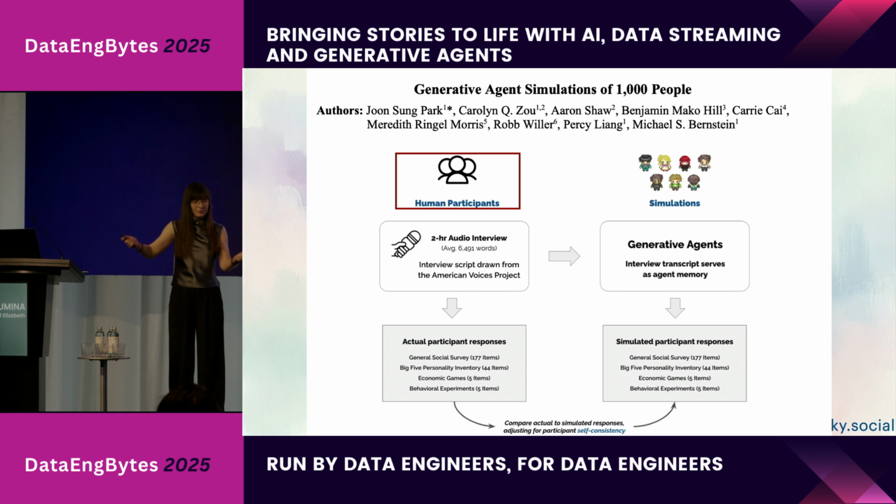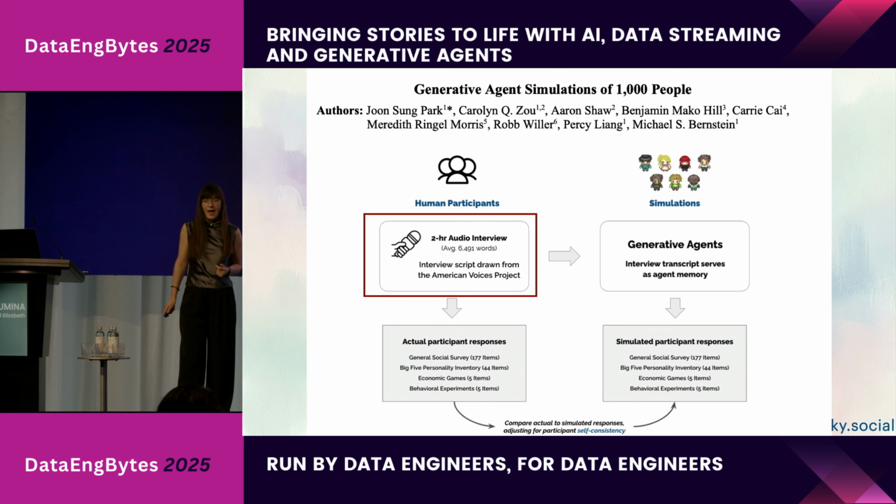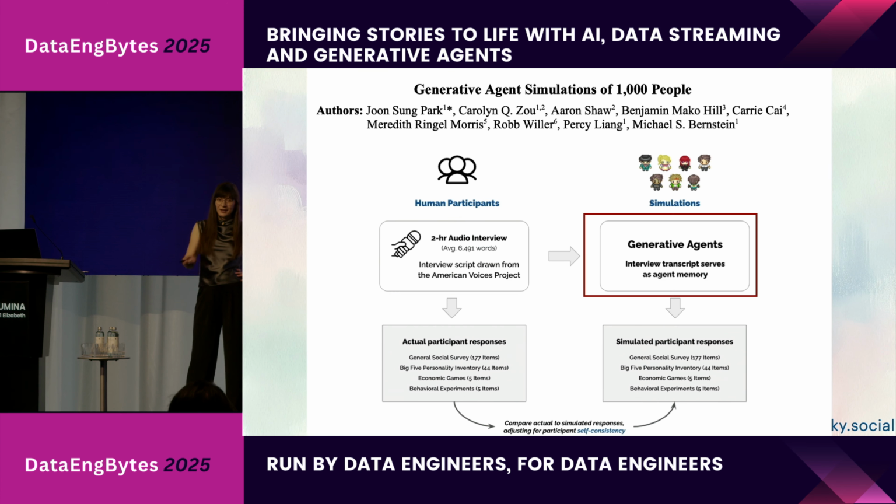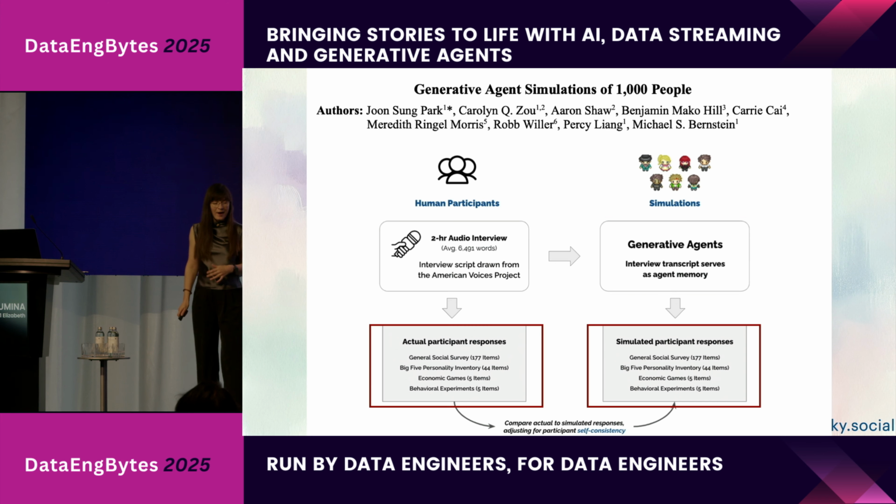So imagine you come into a room as a human participant and you do a 2-hour interview. You answer some questions, very innocent, and then they create an agent based on your answers. And now they compare.